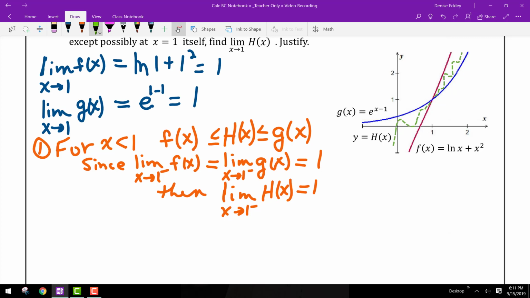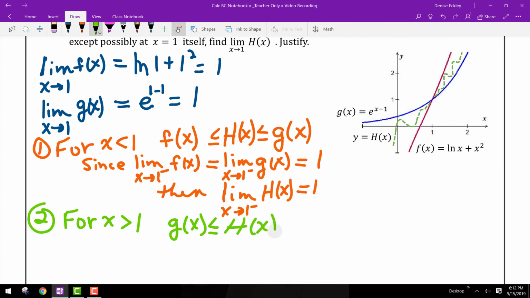Our second case is going to be for x greater than 1. So that's the right-hand side. In this case, what we see is now g of x is the bottom boundary for h. h is still squeezed in between the two of them, and f of x is the upper boundary.